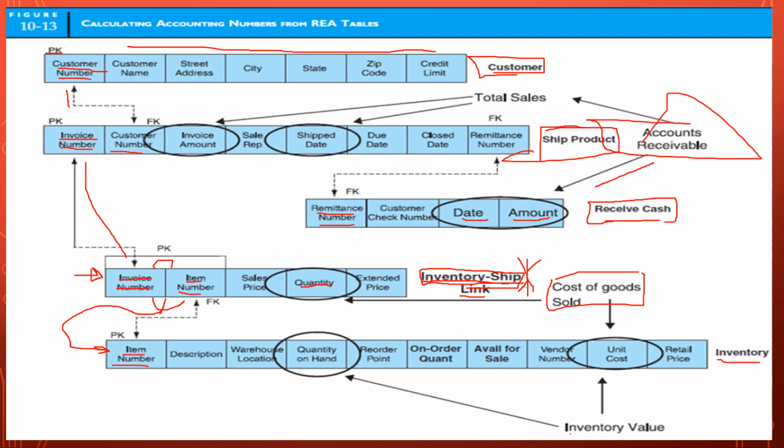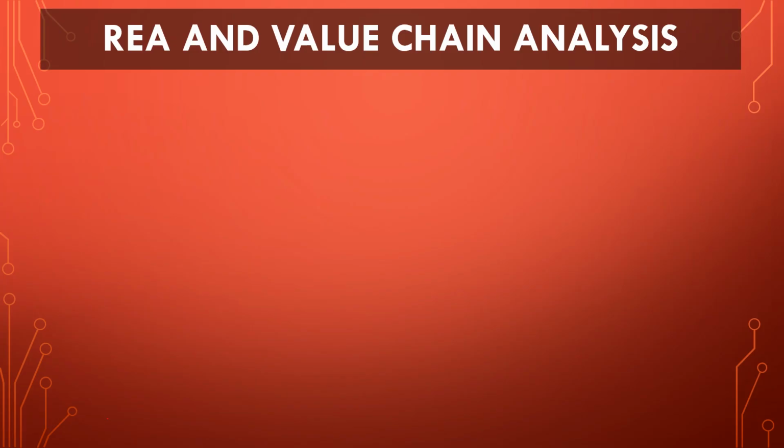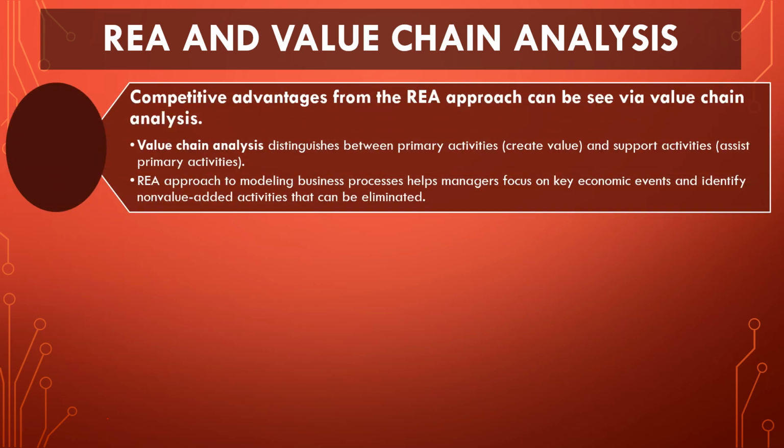That's how it works. The inventory value comes from the quantity on hand plus the unit cost. Let's have a look now into the REA modeling approach and the value chain analysis. Competitive advantages from using the REA approach can be seen via the value chain analysis.